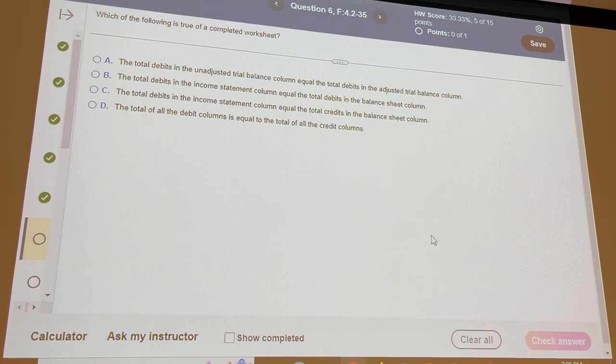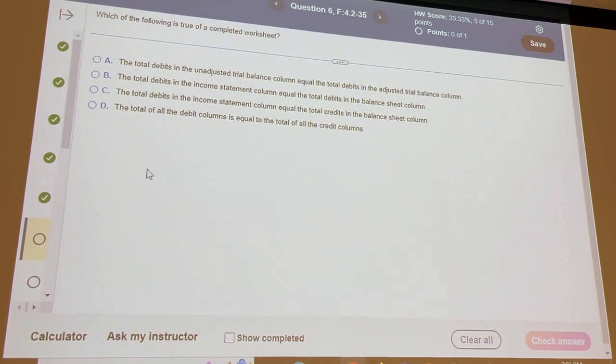Which of the following is true of a completed worksheet? Total debit income equal balance credit balance sheet.